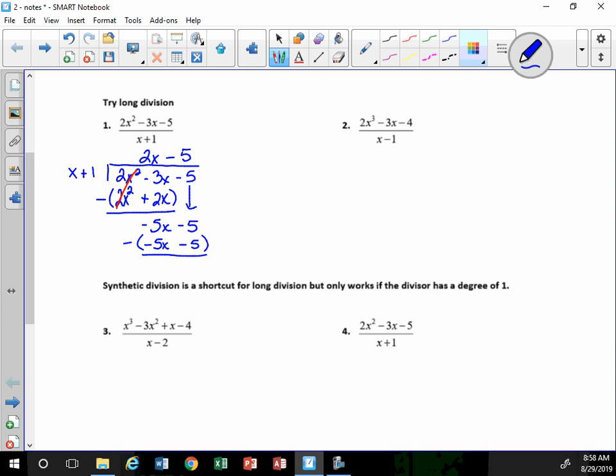So what's negative 5x minus negative 5x? 0, good. What about negative 5 minus negative 5? 0, okay. That last number down there is your remainder, so I do not have a remainder this time. So this 2x minus 5, that's my answer. Okay. Questions? Did I lose anybody anywhere?